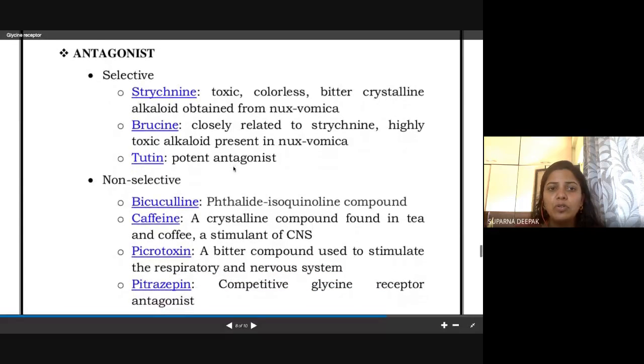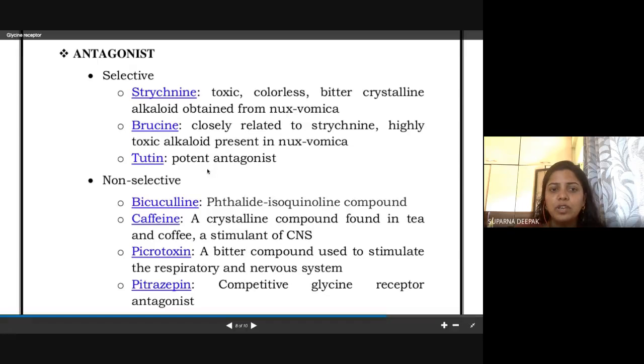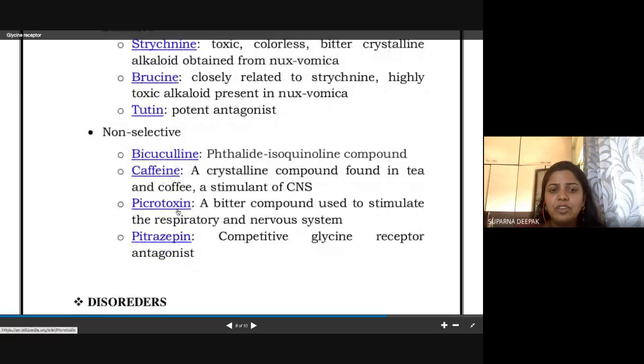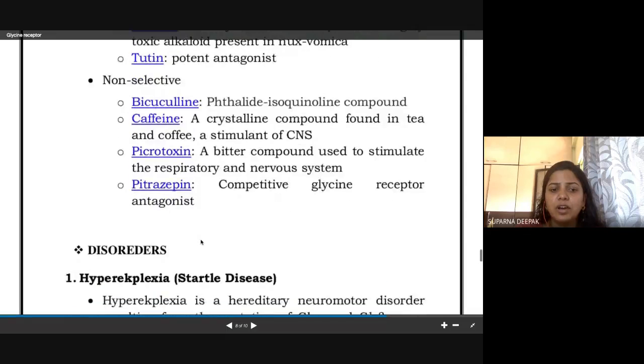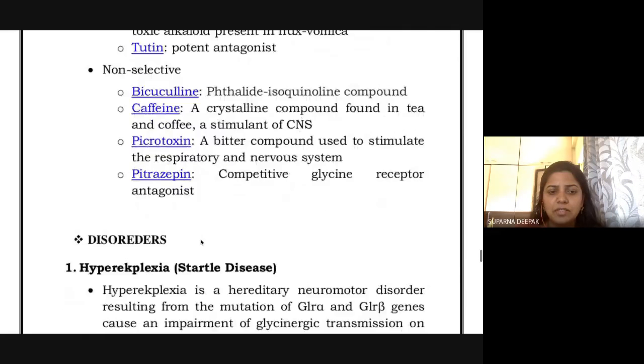As I was saying, these are the antagonists: strychnine, brucine, bicuculline, picrotoxin, pitrazepine. These are the different types of antagonists which are present.